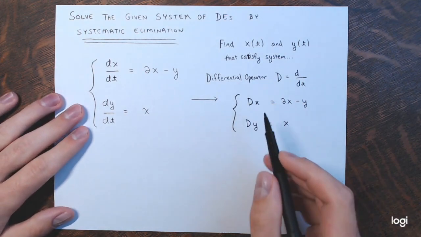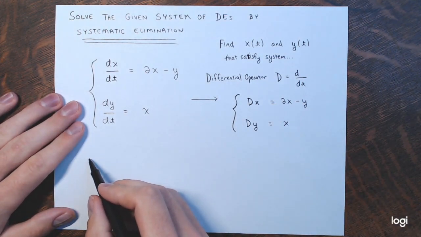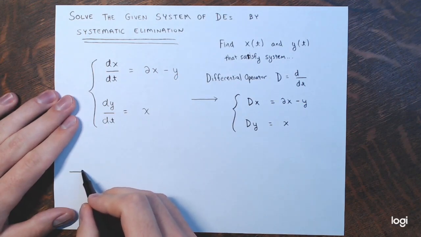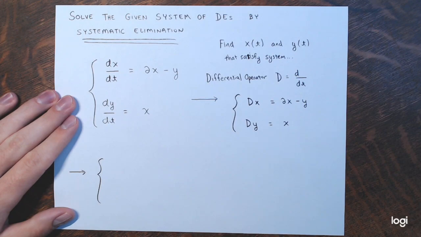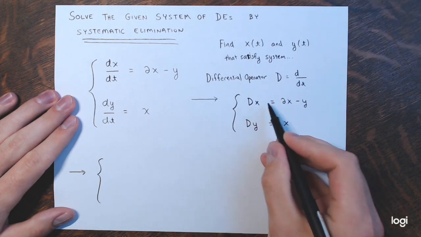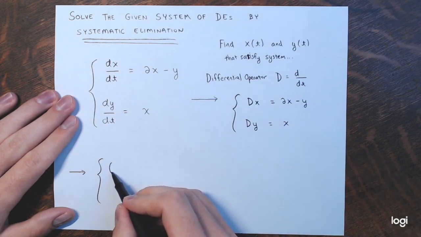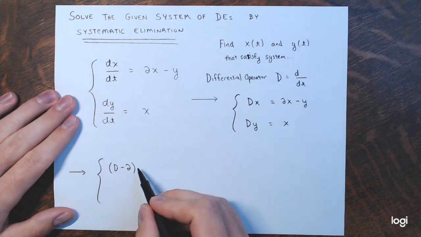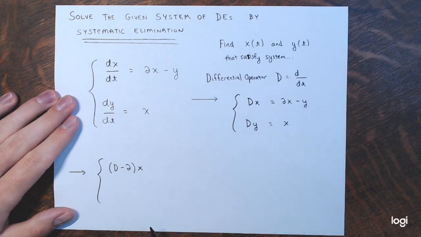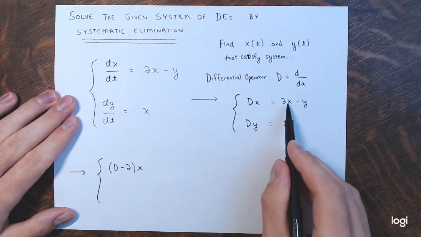So I take all the x's to one side and y's to one side. So you have Dx minus 2x, and treating these like polynomials, this will be the operator D minus 2 times x. This is saying take the derivative of x and then subtract 2 of x. That's what I've done.